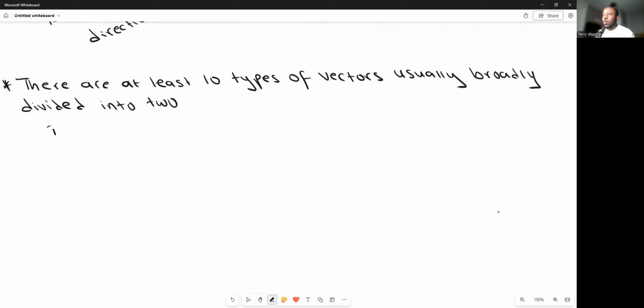So the first one is what we call the position vector. All right. And the second one is the free vector.